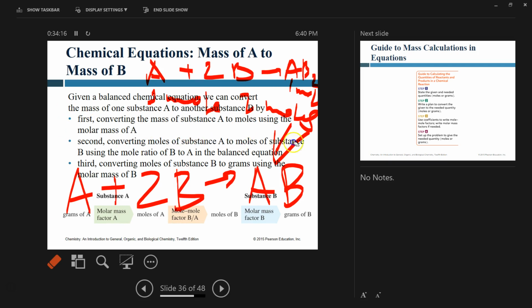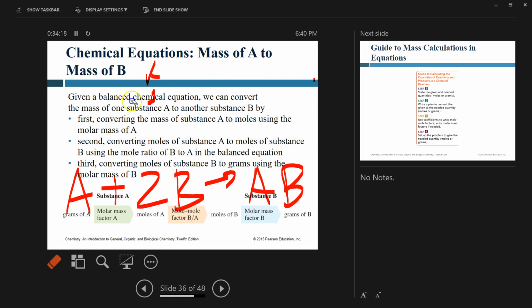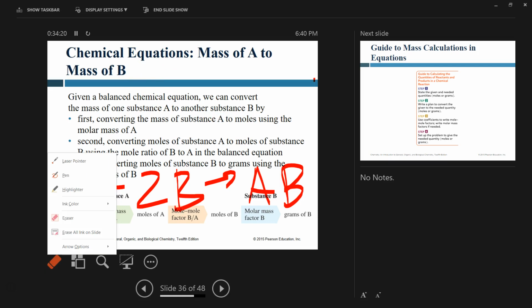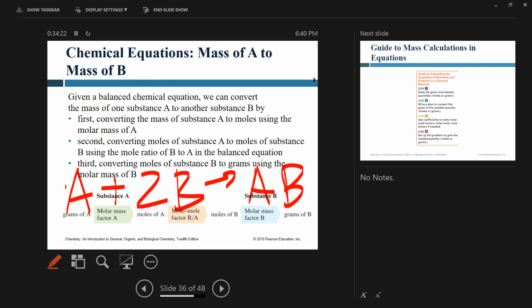Another question. I don't know anything about the moles. All I know is mass. I know that I have 100 grams of substance A. Do you follow? And I know molar mass. Can I find how many moles of substance A I have?